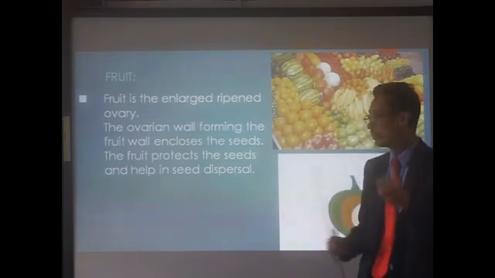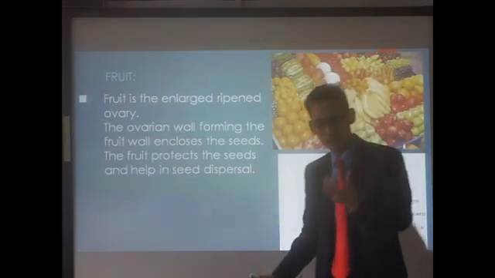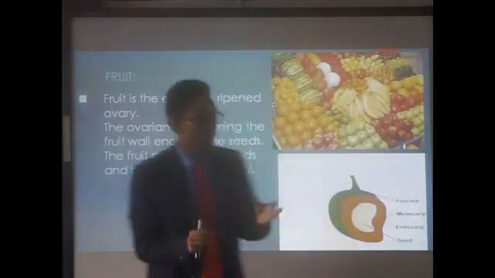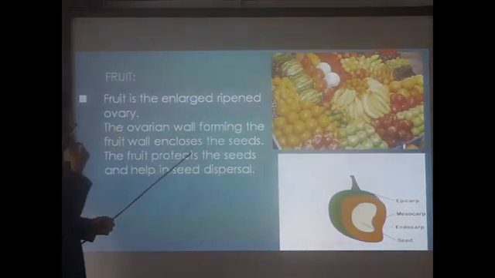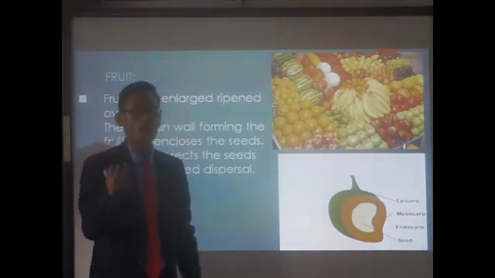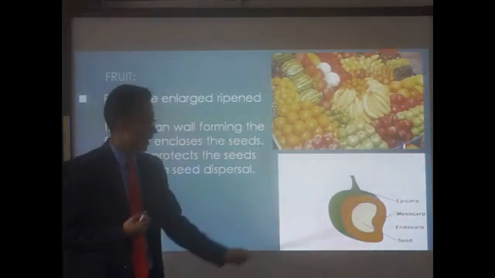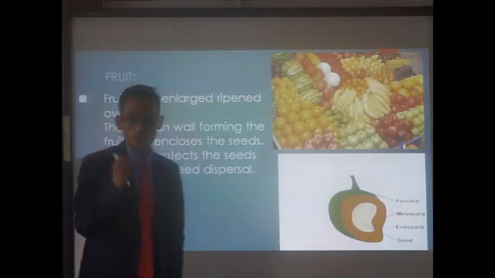And what is the function of fruit? The fruit protects the seeds and helps in seed dispersal. Now, what are the different parts of a fruit wall? When we look into the structure of the fruit, we find 3 layers: epicarp, mesocarp and endocarp. These form the fruit wall, and this fruit wall encloses the seed. So what is a fruit?